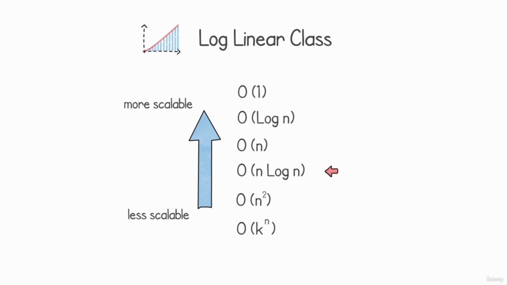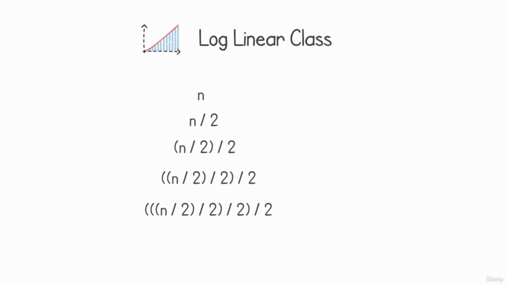The log linear class that we shall see in this section sits right in the middle of this classification, more or less between the linear and the quadratic complexity class. In the previous section, we saw the logarithmic runtime complexity, and we also talked about the binary search algorithm where the problem space was divided in two on every step in our algorithm.